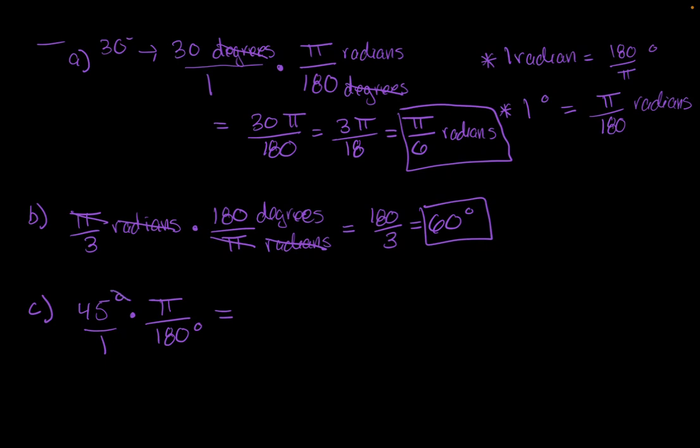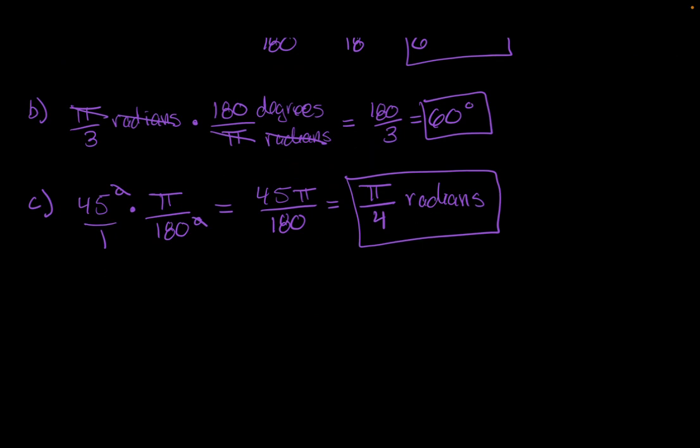And then those are going to cancel, and I'm going to be left with 45 times pi over 180. And then you just need to simplify your 45 over 180. 45 is 1/4 of 180. So that's pi over 4 radians.